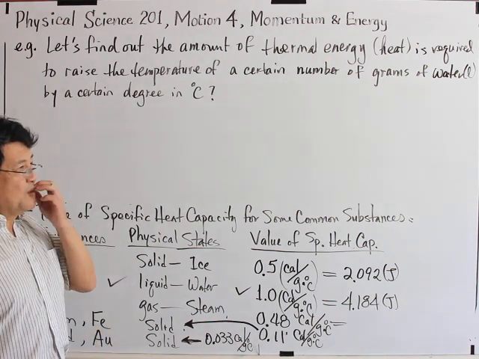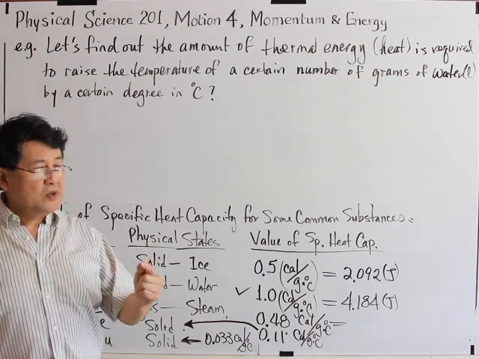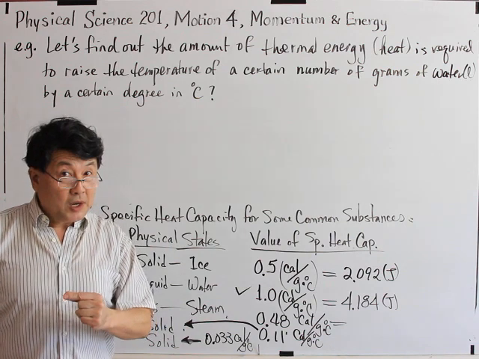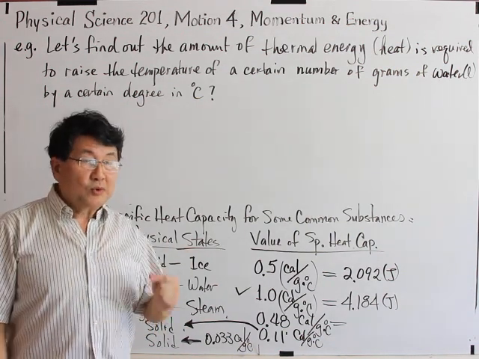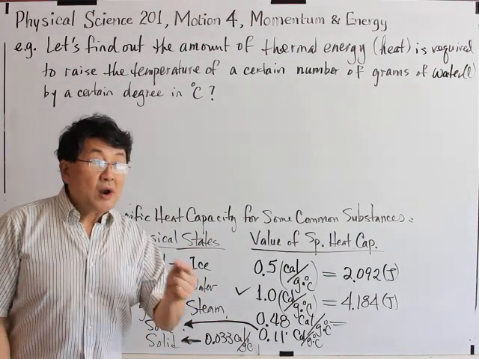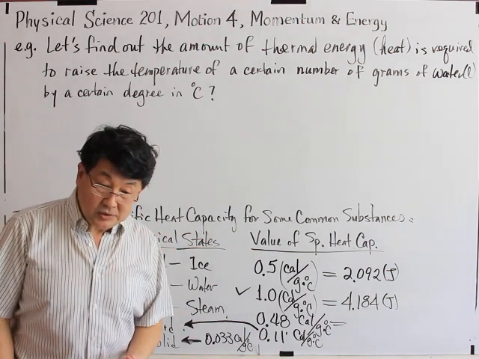So then, if we have 1 gram water raised by 1 degree is 1 calorie, and 2 gram water raised by 1 degree also 2 calories, correct? And 5 gram water raised by 1 degree, it could be 5 calories. 100 gram water raised by 1 degree will be 100 calories, correct?